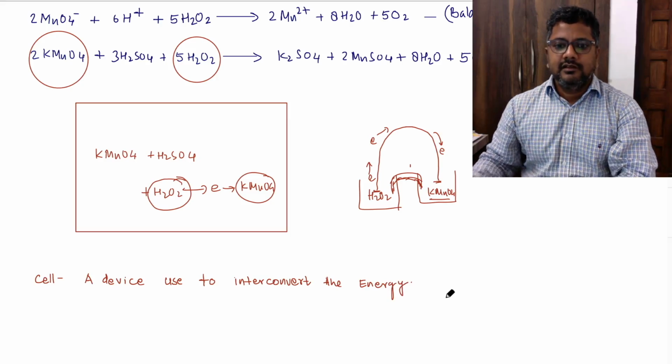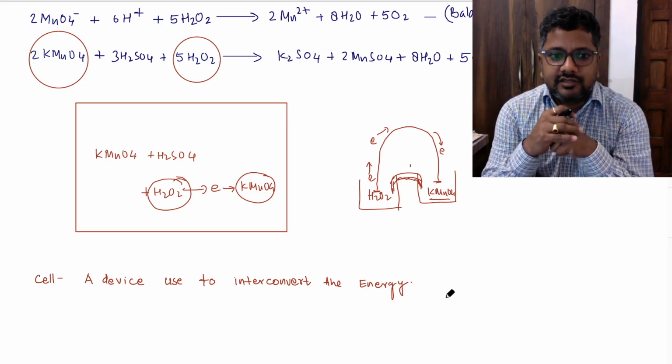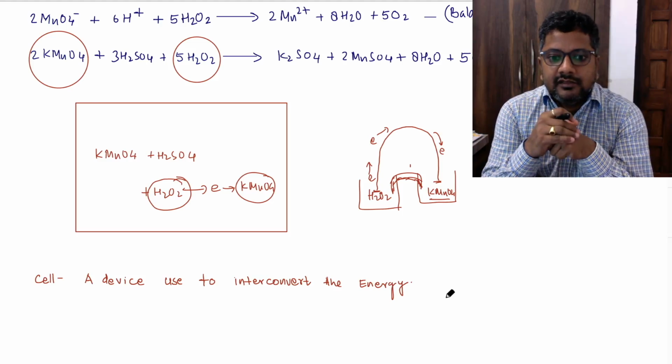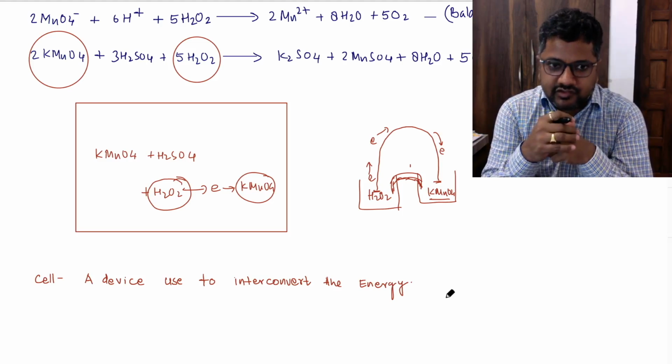This is the simple definition of a cell. A cell is a device used for interconversion of energy.